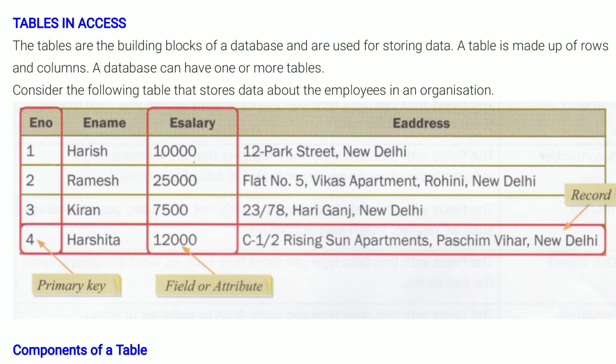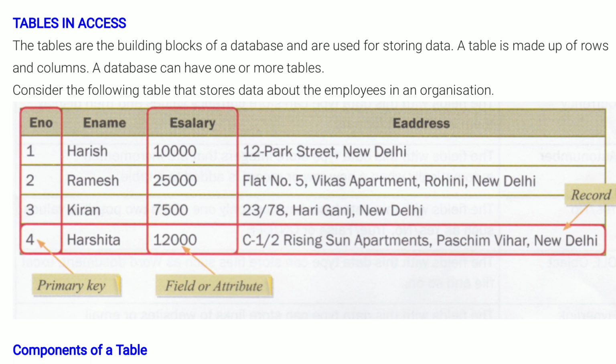Now let's understand about the tables in Access. As I already explained about a table, a table is a grid of rows and columns where a large amount of data can be stored and accessed easily. The tables are the basic building blocks of a database for storing large amounts of data in the form of rows and columns.